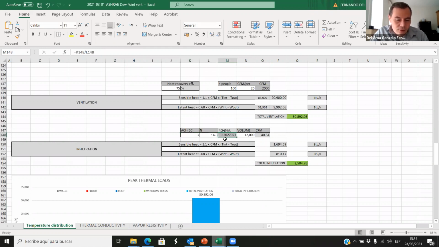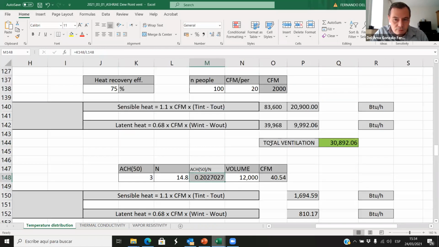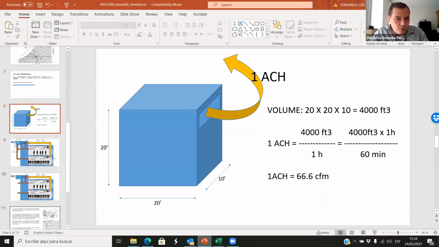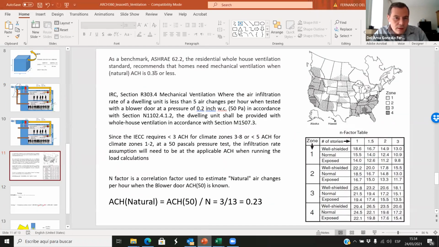Look at this. This value is 0.2. This value is air changes at 50 pascals divided by N. It's 0.2. According to these ARCH360 recommendations, it has to be below 0.35. So it's good enough.